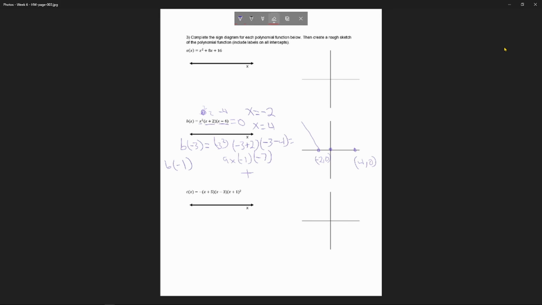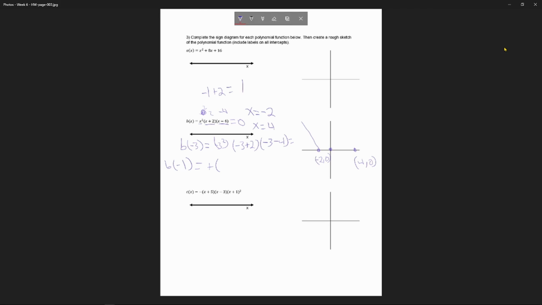We'll go ahead and make some room here. So if we plug in negative 1 into x squared, we can do this even faster by just taking each of these terms and seeing whether they're going to be positive or negative. So negative 1 times negative 1 will give us a positive. And then we'll be multiplying that by negative 1 plus 2.